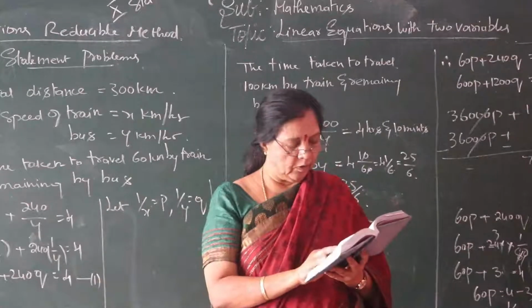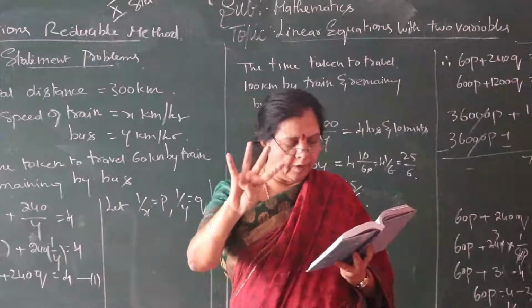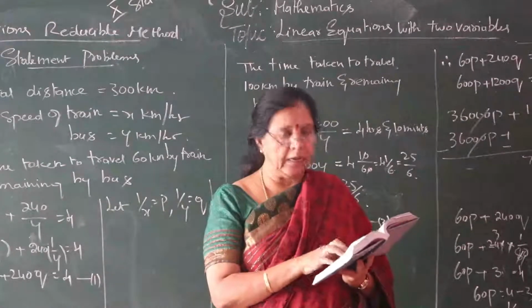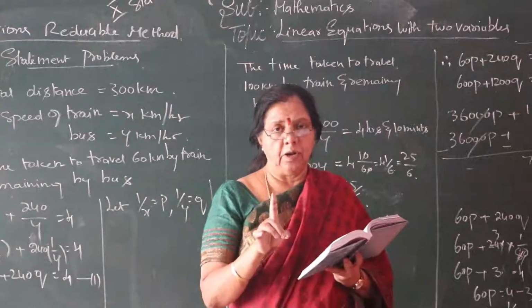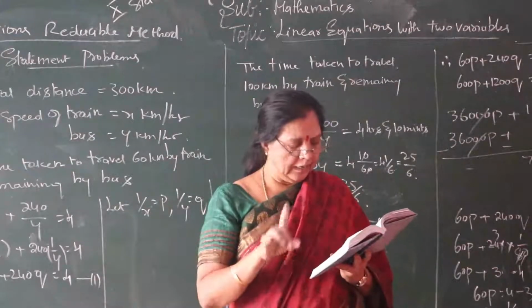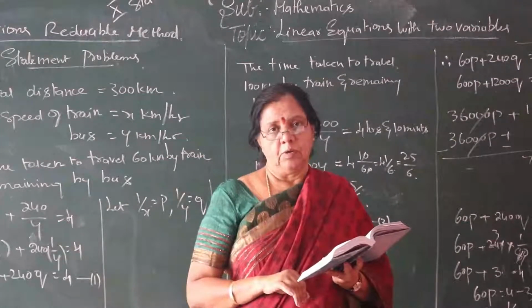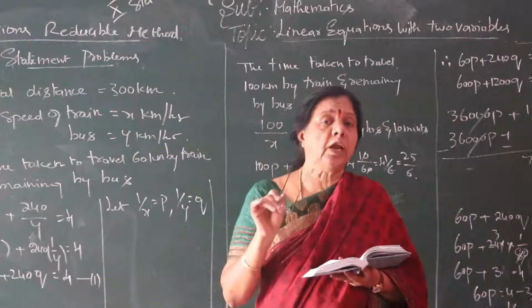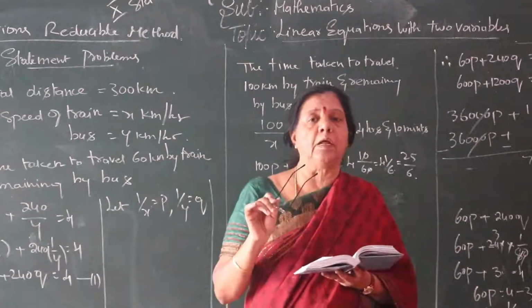How is she going? That they have given. She takes 4 hours if she travels 60 kilometers by train. In the train, 4 hours totally she is taking, and the remaining by bus. Total how many kilometers? 300 kilometers.